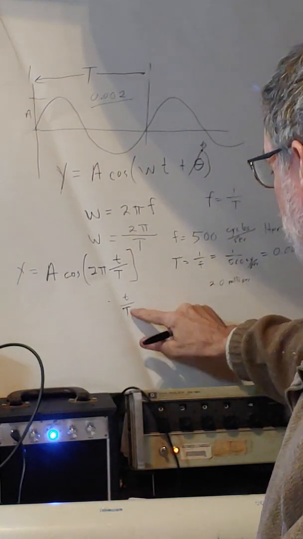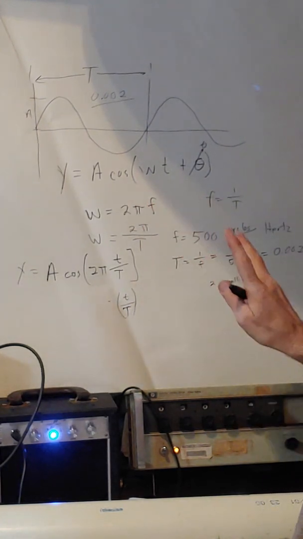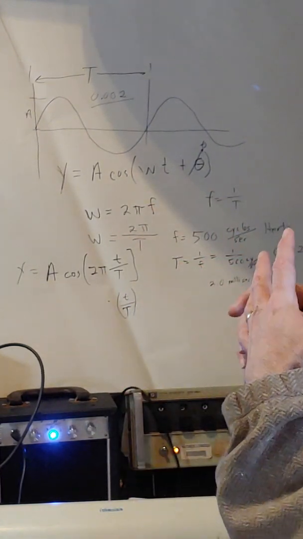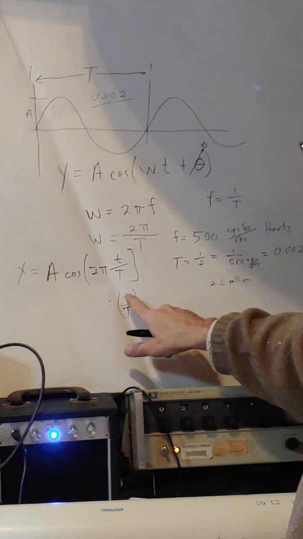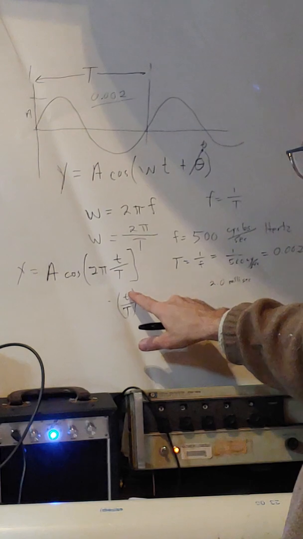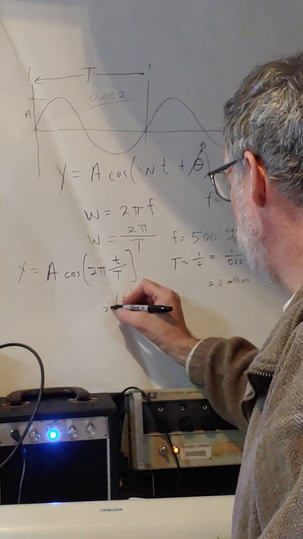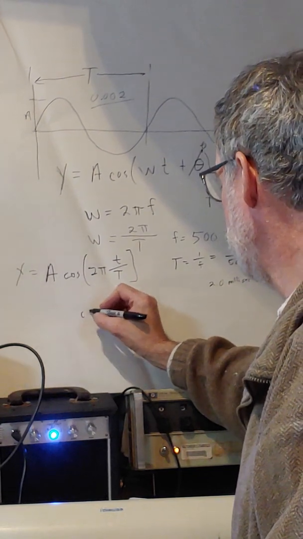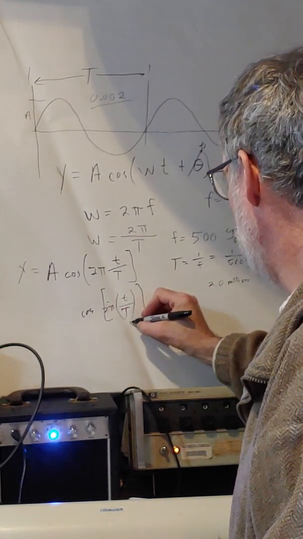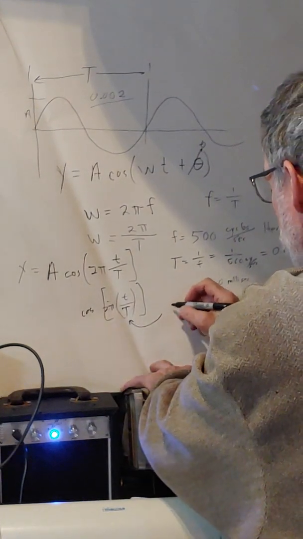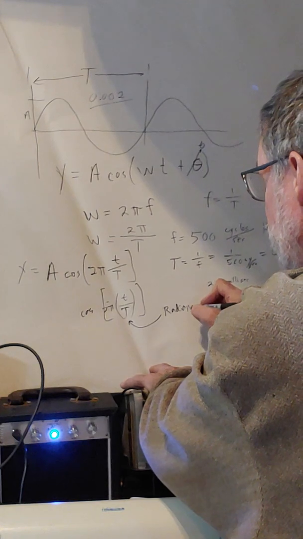So you can see that this ratio here is a fraction of a cycle. It could be 0.1, 0.2, a half a cycle. If this is 1, then that's t over the period, which is 1, and 2 pi of 2 pi. And so this argument here is in radians. It's not in degrees. This is a key point. This is in radians.